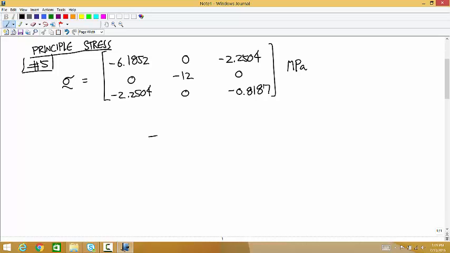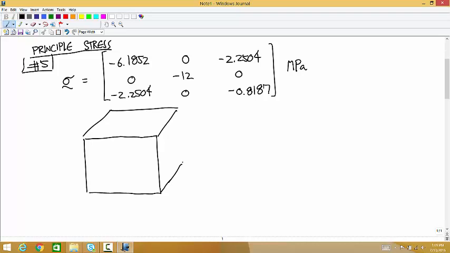So the stress element, you have the XX stress of 6.1852 pointing in, it's in compression. And then in the Z direction, you have a component of 2.2504 pointing backwards.